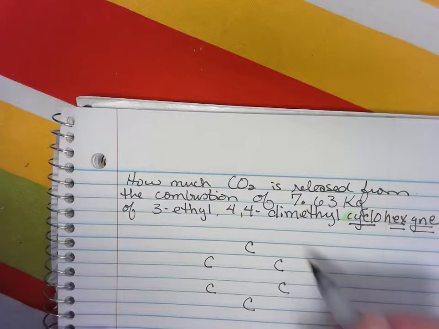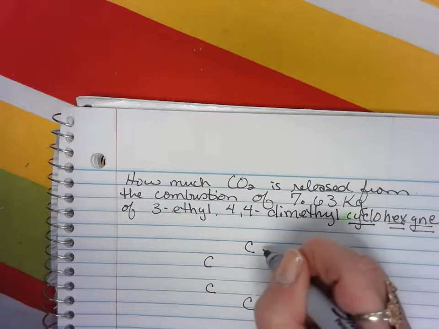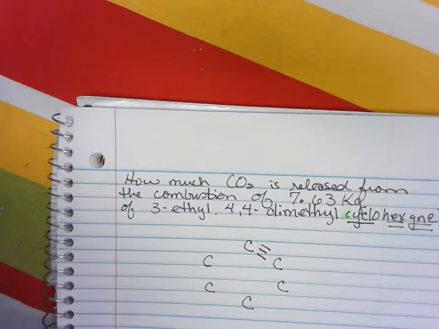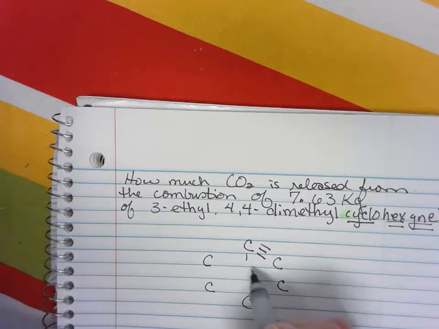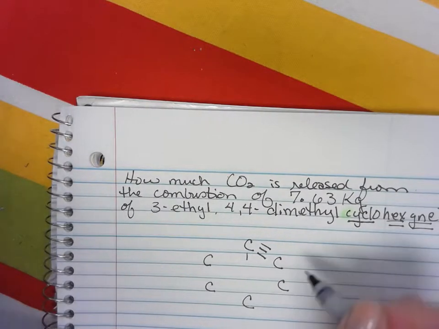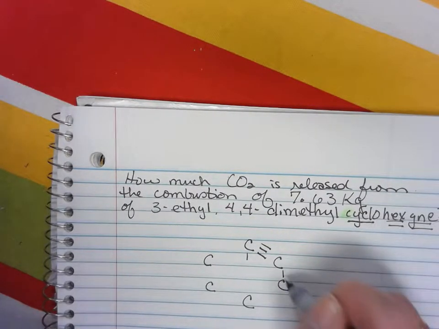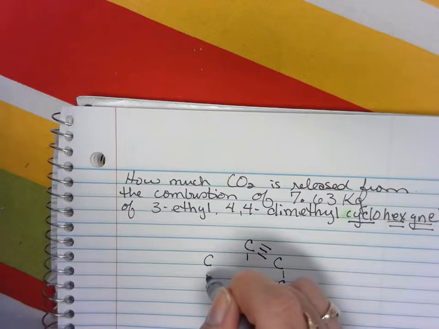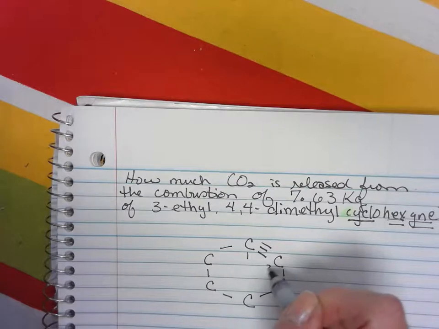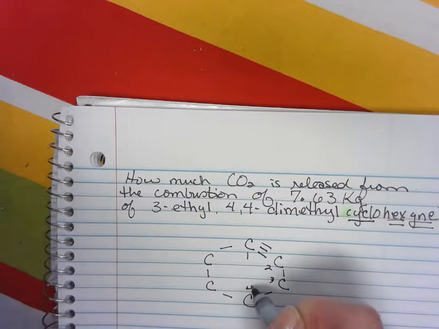And since this is a cyclic structure, we can pick any of them to be our first carbon. So we'll just pick this one, and this will have a triple bond. So I can connect my other carbons. Now I'm going to number my carbons.